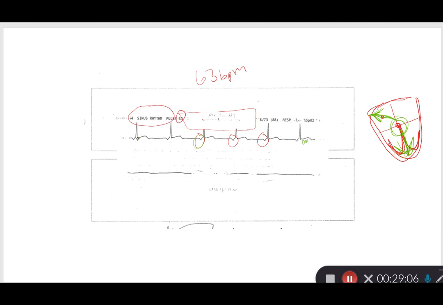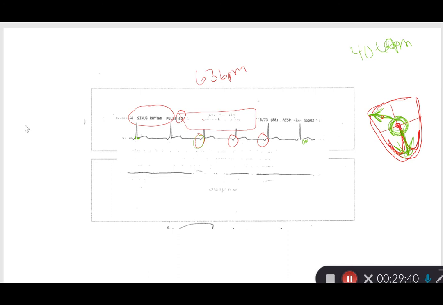My J point is on that isoelectric line, so I don't have any ST segment elevation or depression. My junctional escape rhythm, which means my pacemaker has escaped to the AV junction, is between 40 and 60 beats per minute. If it is below 40 beats per minute, that's going to be a junctional bradycardia because it is bradycardic for that AV node.